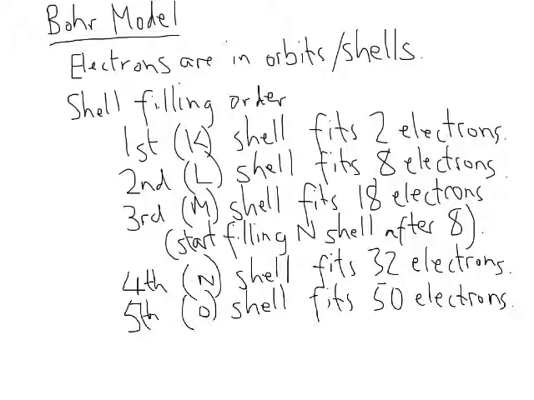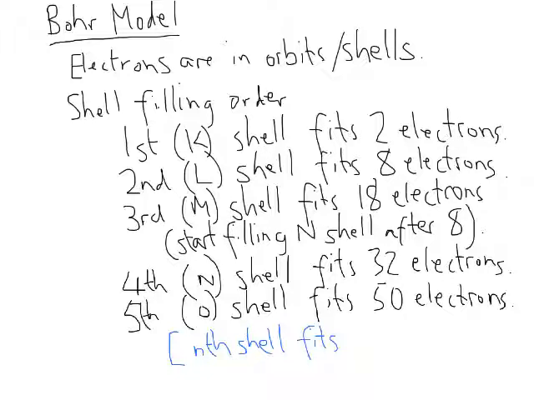As an aside, mathematically minded people might have realised there's a pattern between 2, 8, 18, 32 and 50. Just as a side note, the nth shell fits a number of electrons you get by working out n squared and then doubling it.